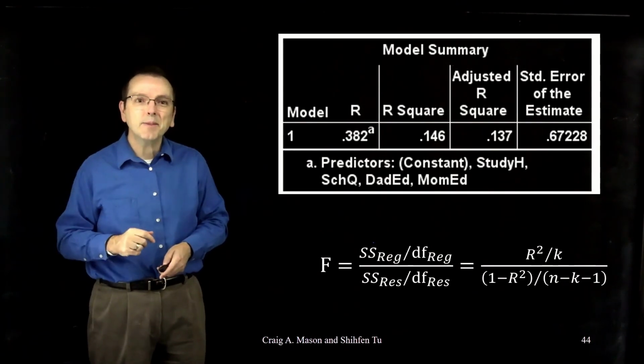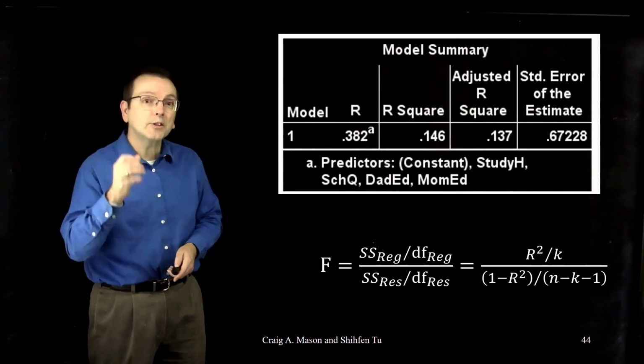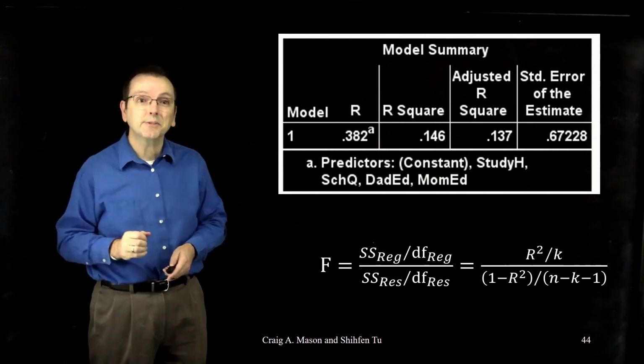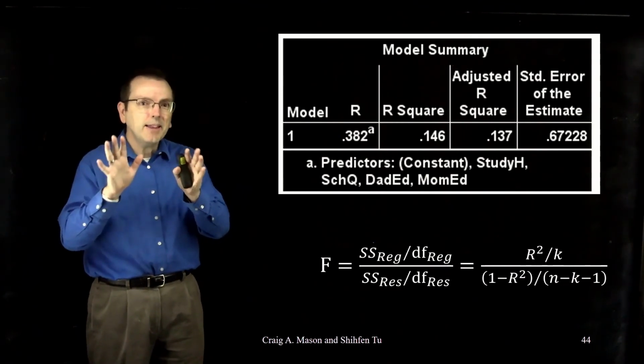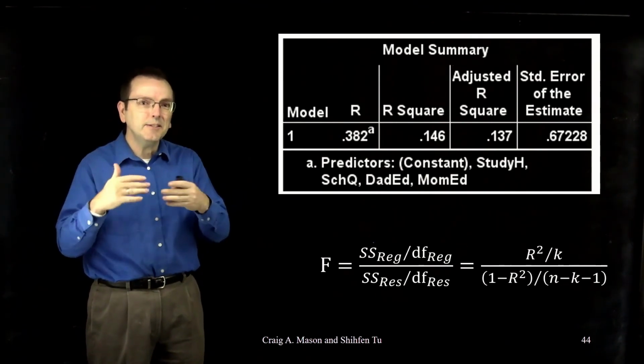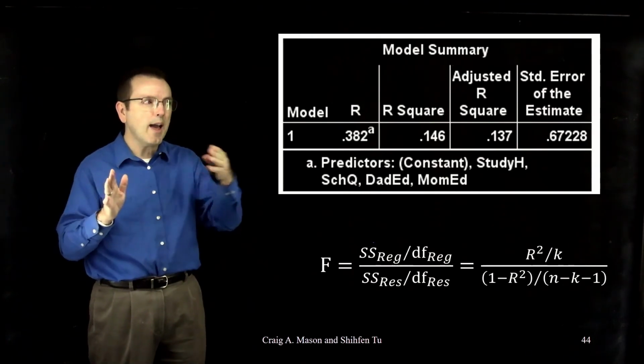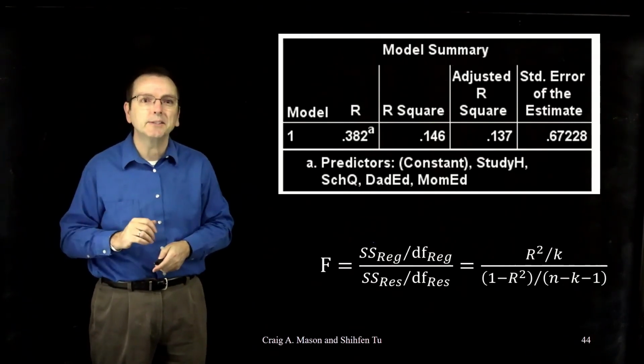So looking back at the model summary table with our R squared of 0.146, to make this fully convincing, I'm going to take that R squared value out a couple more decimal places.